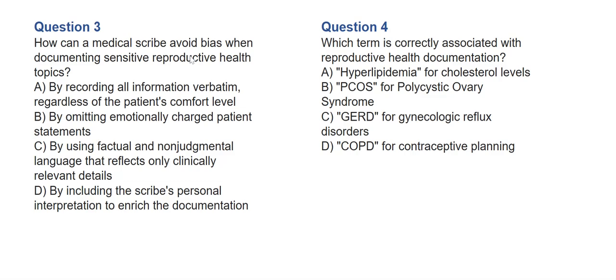How can a medical scribe avoid bias when documenting sensitive reproductive health topics? A. By recording all information verbatim, regardless of the patient's comfort level. B. By omitting emotionally charged patient statements. C. By using factual and non-judgmental language that reflects only clinically relevant details. Or D. By including the scribe's personal interpretation to enrich the documentation.